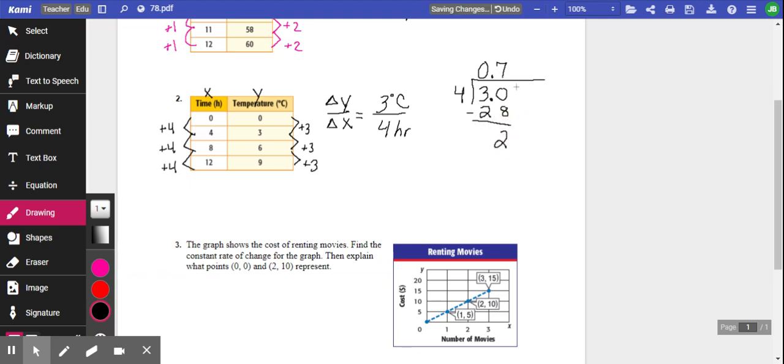We're not allowed to have a remainder. We're dealing with decimals, so we bring down another 0. It doesn't change the value. 4 goes into 20 5 times. Subtract the value, and we end up with no remainder here. So the rate of change here is 0.75 degrees Celsius every 1 hour. And this would be our unit rate.